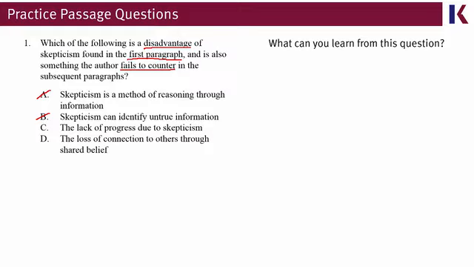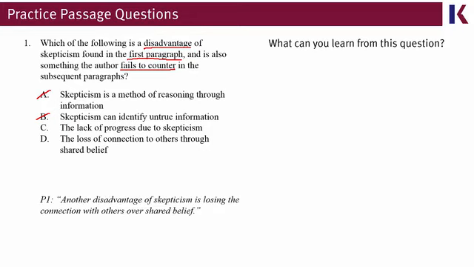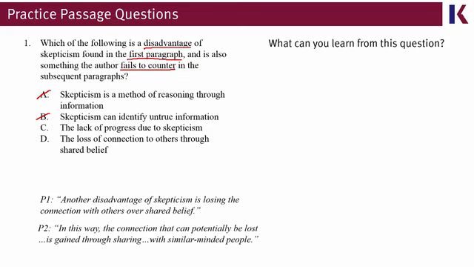Well, in question 4, we saw the author countering one of the disadvantages. That is to say, in paragraph 1, the author said, another disadvantage of skepticism is losing the connection with others. And then in paragraph 2, he showed a way that we could actually counter that disadvantage through that big festival that was mentioned in paragraph 4 that brought all kinds of skeptics together to share their beliefs.